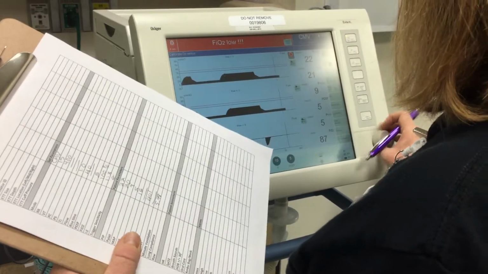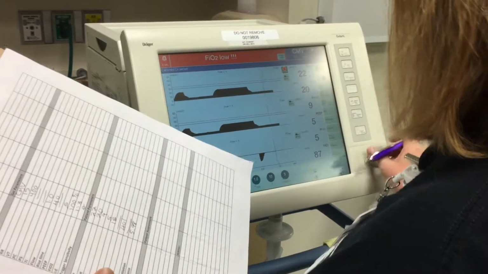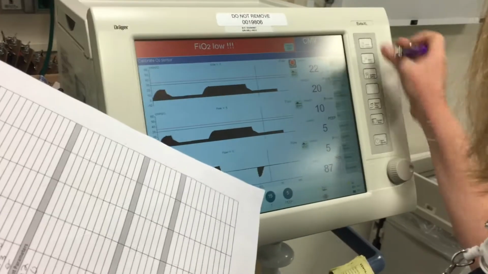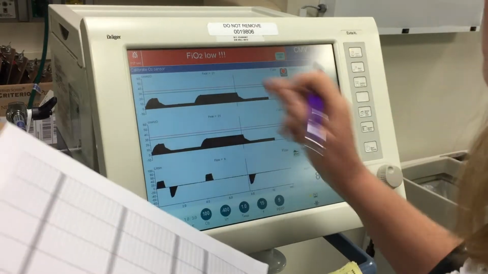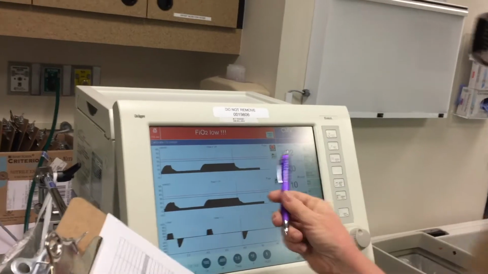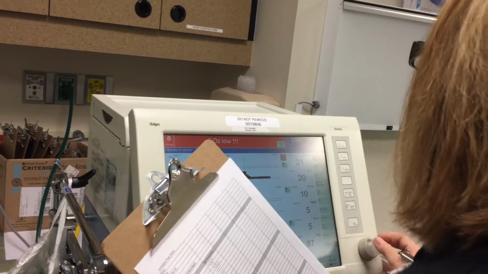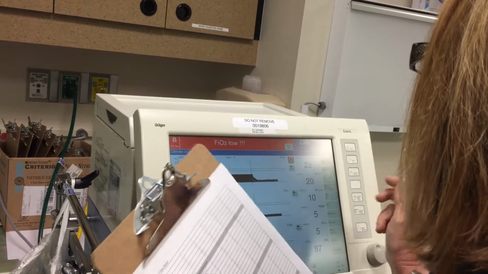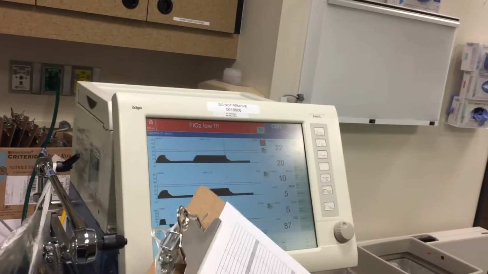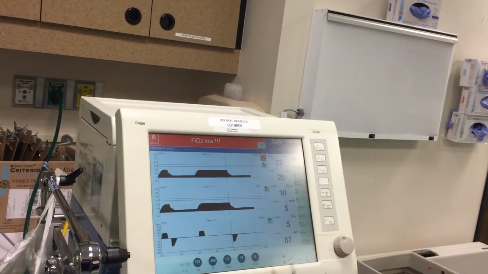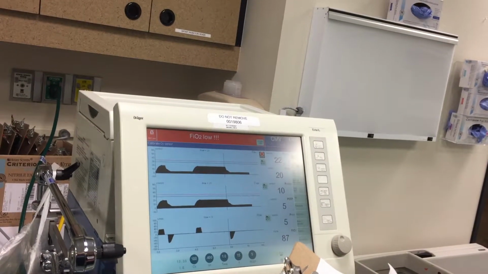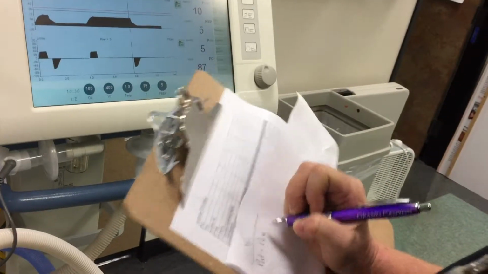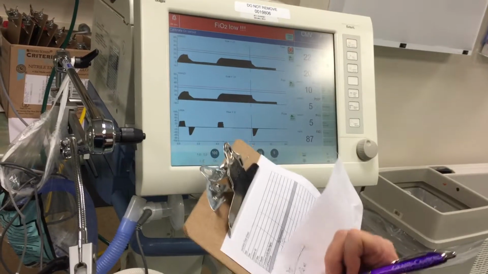I go back to the top of my plateau. I get 21. That's for my peak airway pressure. So 21, and my plat is 20. So then I would take my plateau minus my PEEP, divided into my tidal volume. So my plat is 20 minus my PEEP of 5.